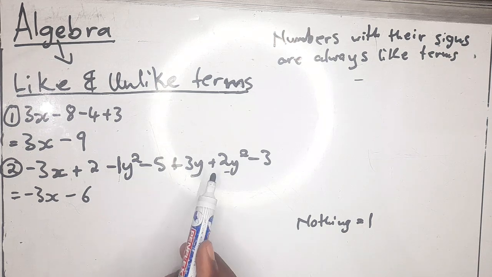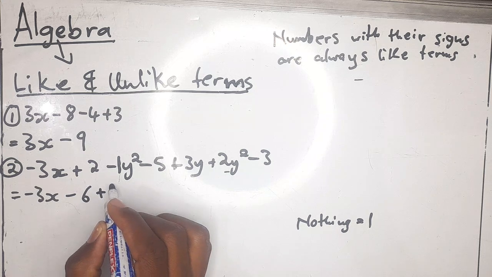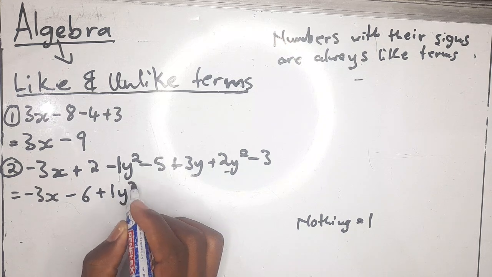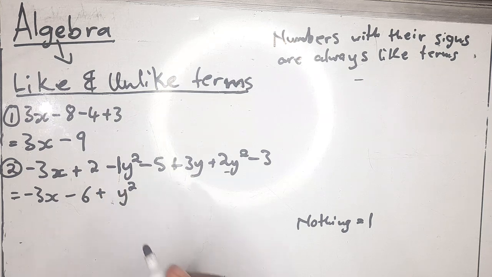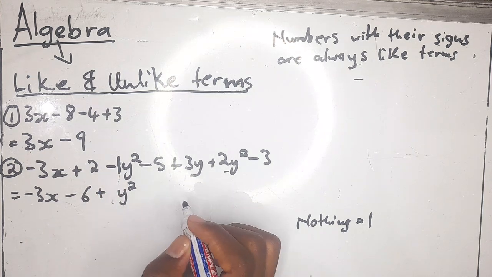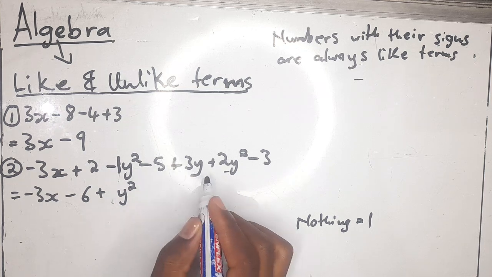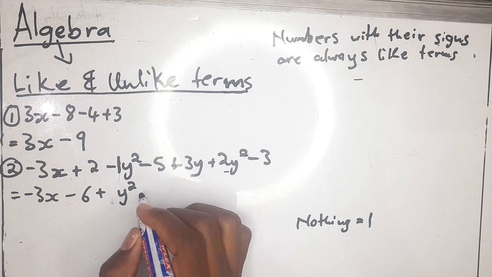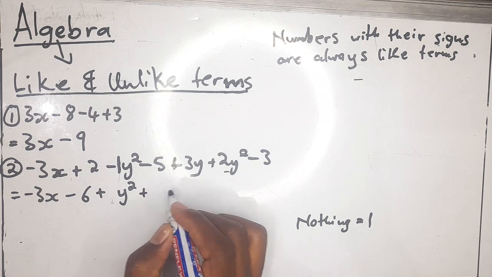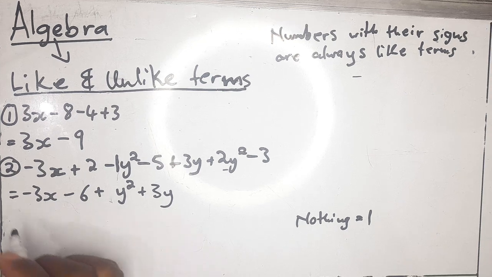So minus 1 plus 2 in your calculators is going to give you 1. So it's 1y squared, which is not necessary to write, so it's y squared. Then we are left with y. Any term here that ends with y? No. So the y is by itself again, and for y it's 3y. And this is your answer.